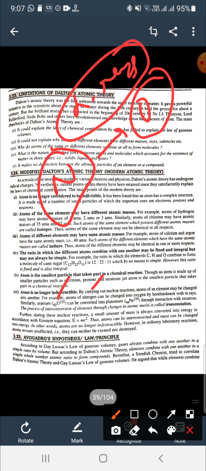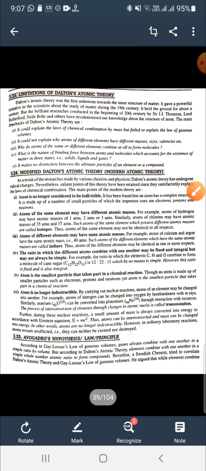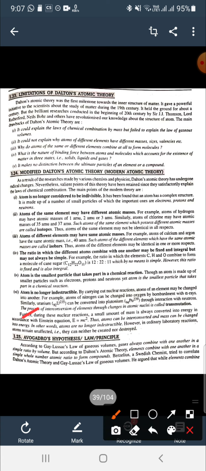Or you can say uranium can be converted into plutonium through interaction with neutrons. If we add neutrons into uranium, uranium can be converted into plutonium. So the process of interconversion of elements through changes in atomic nuclei is called transmutation. This is the definition of transmutation.